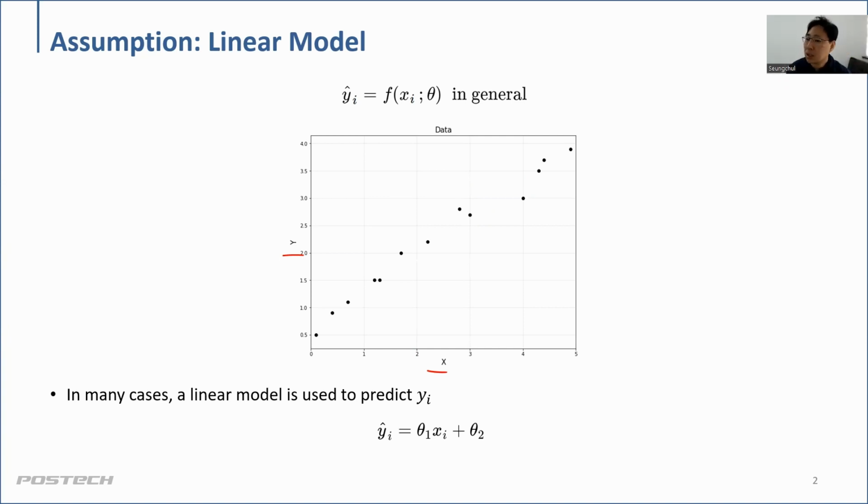Say you conduct some experiments or simulations, and if you give X as inputs, the experiment outcome, like your measurement, is going to be Y. How many experiments did you conduct? 13 times. You have 13 data points.